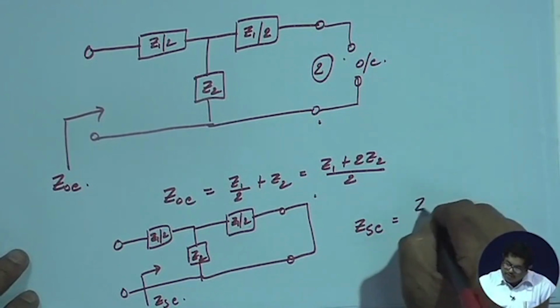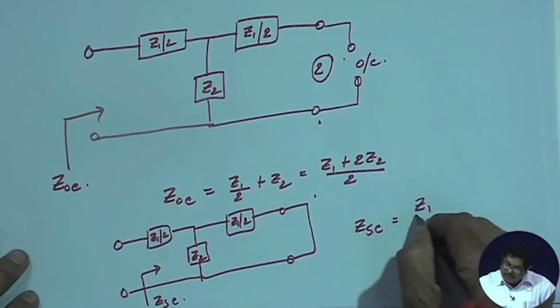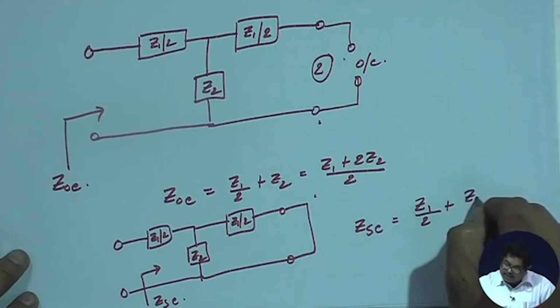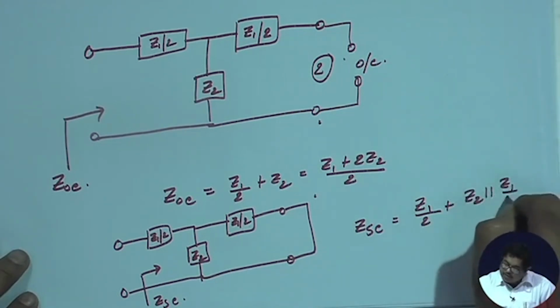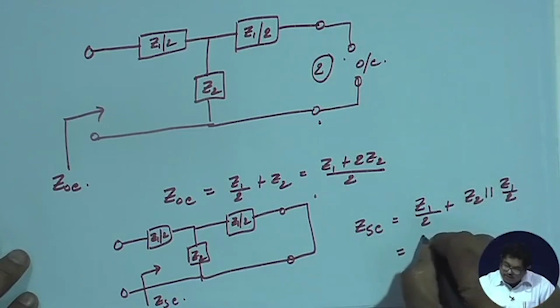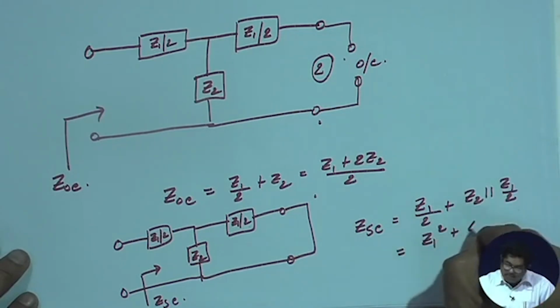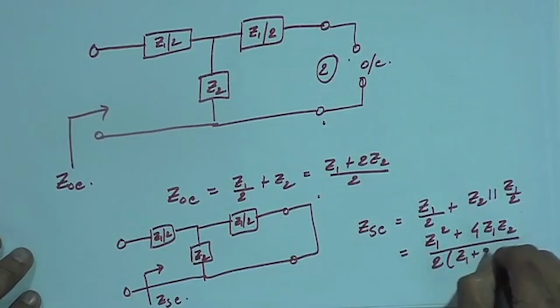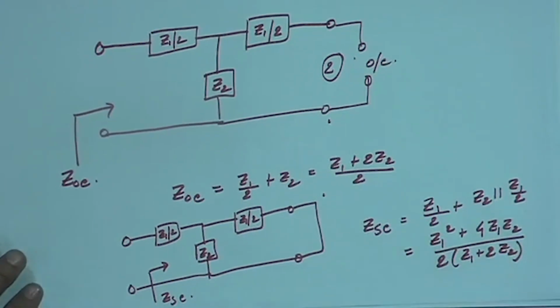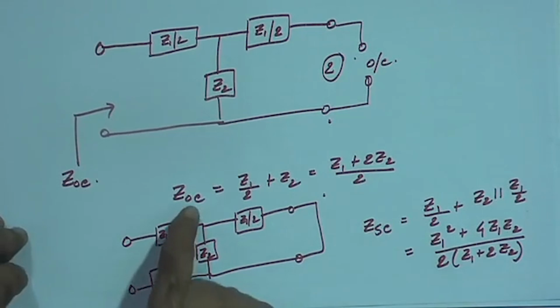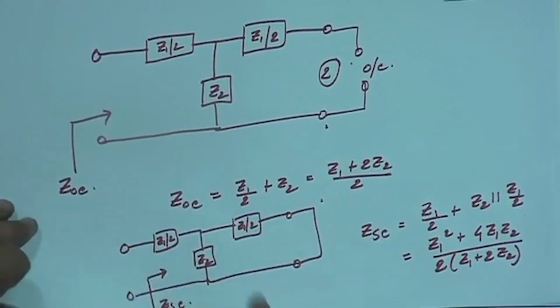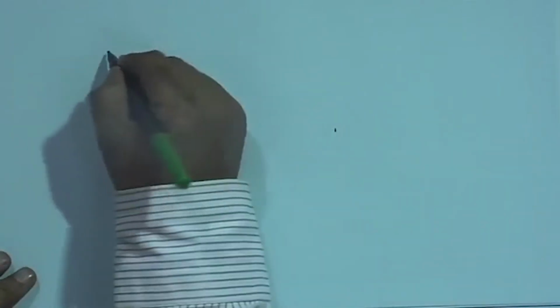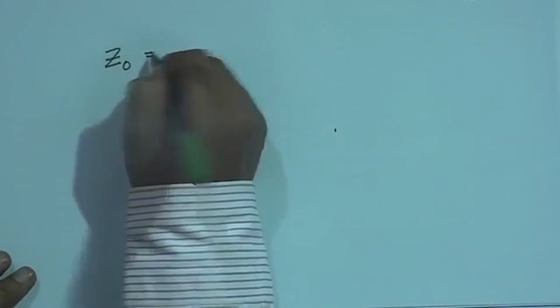If you do that, it will become Z1 square plus 4 Z1 Z2 by 2 Z1 plus 2 Z2. So, I got ZOC, I got ZSC.